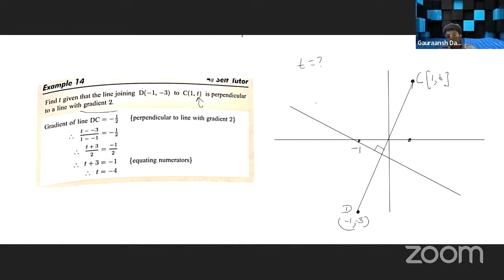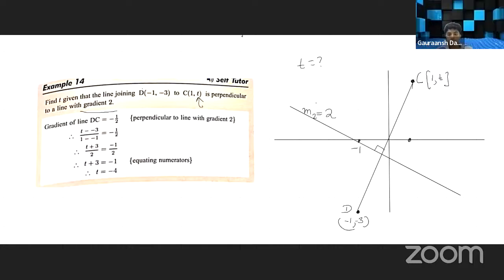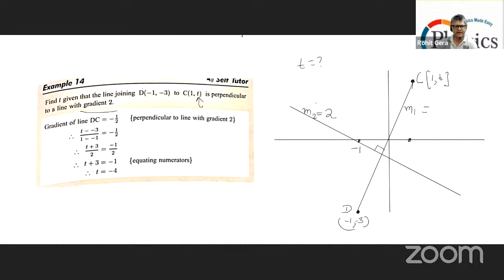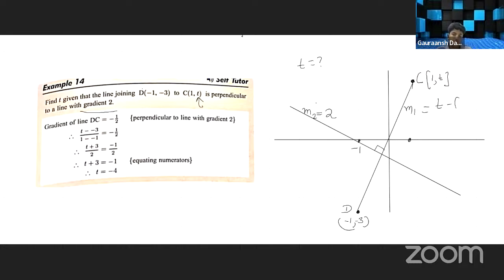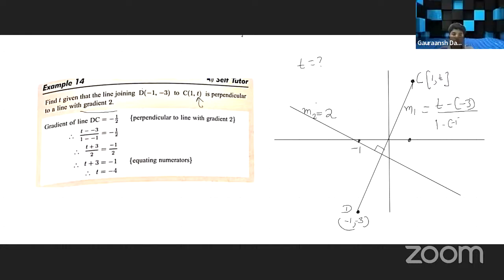So this is my second line. What is its gradient? 2. This is my first line. What is its gradient? y2 minus y1 upon x2 minus x1, and so on.